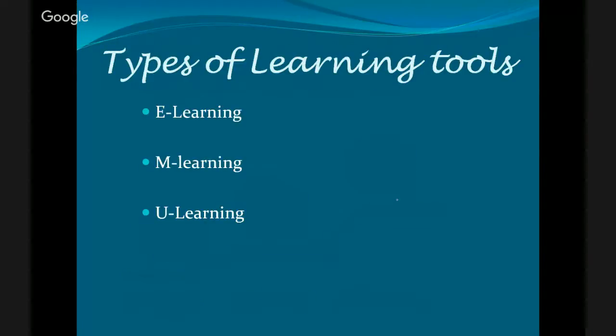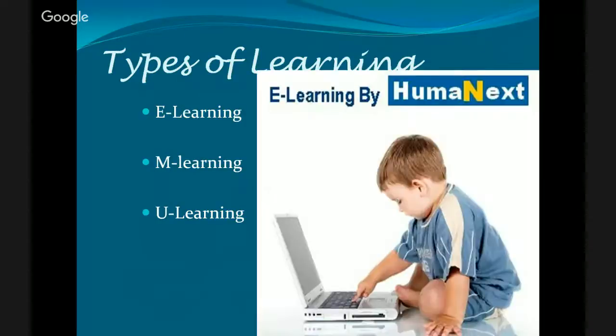Now, as I have told, these are the three main learning methods: e-learning, m-learning, and u-learning. E-learning is when a person learns with the help of a laptop or computer or CD or net, anything.